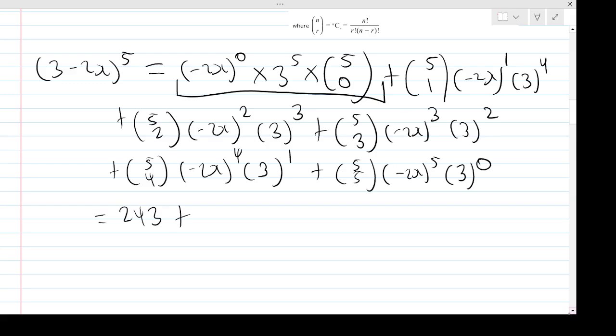Then we have the next term, which would be minus 2x to the 1. Now minus 2x to the power of 1 here will just be minus 2 times x, so that'd be minus 2. Then 5 choose 1.